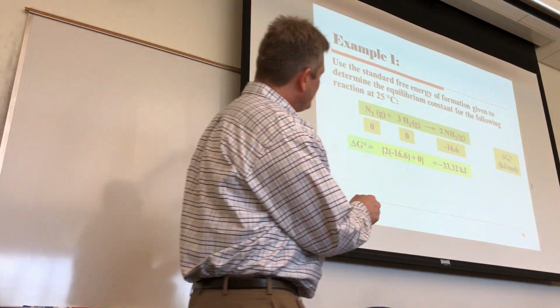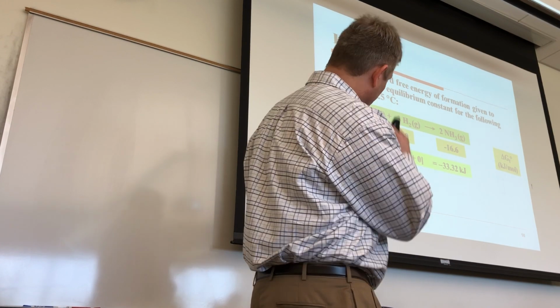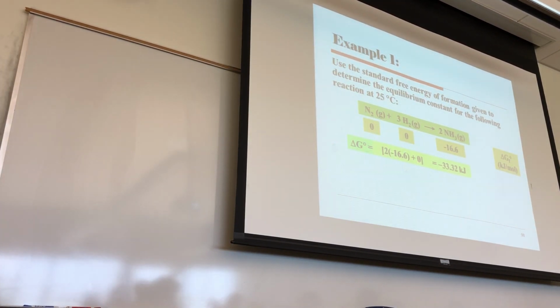So now, use the standard free energy of formation given to determine the equilibrium constant for the reaction. How do I do that? Delta G standard state equals what? Minus RT log K. And what is it asking me for?